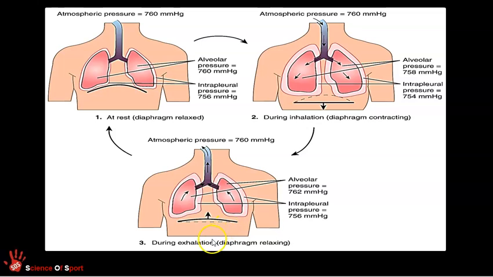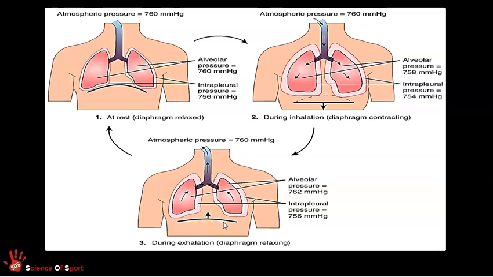When we breathe out, our respiratory muscles relax, so the chest cavity goes back to being its smaller shape, the ribs go down and in, the diaphragm moves back to being dome-shaped again, and the volume inside our chest cavity is relatively small.